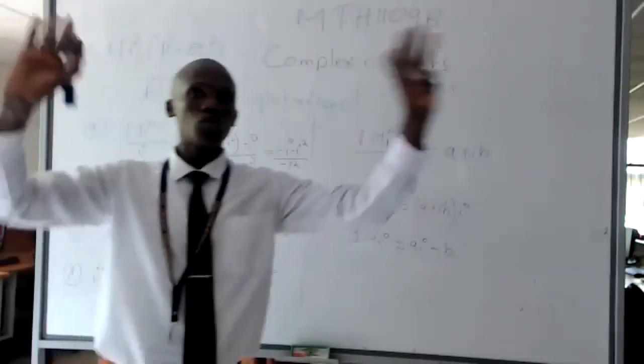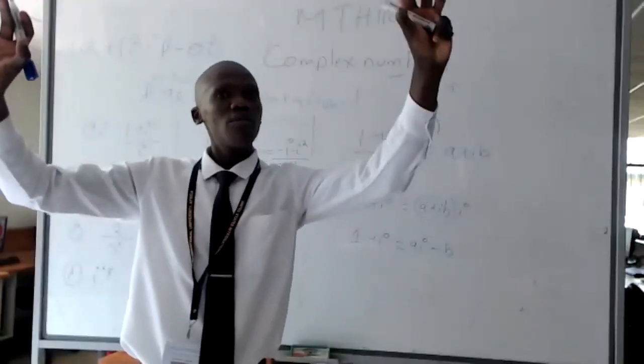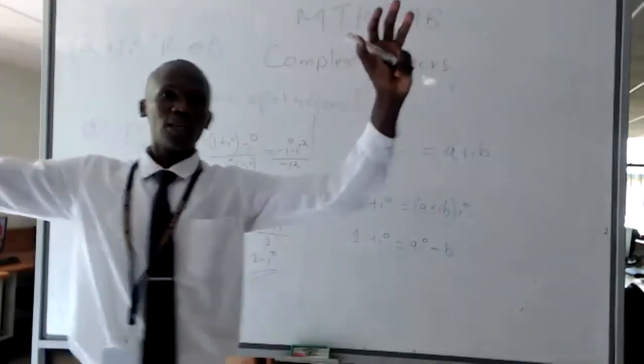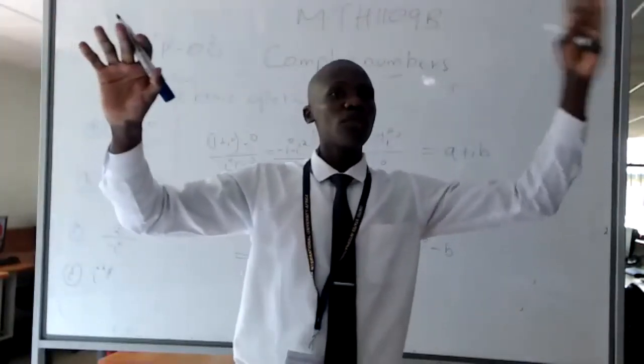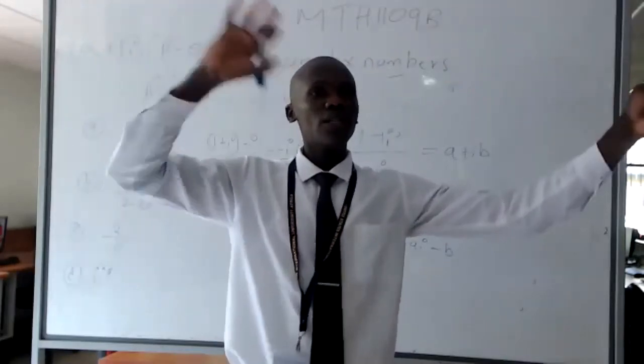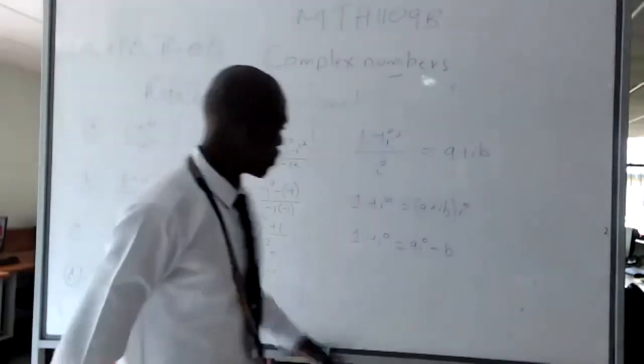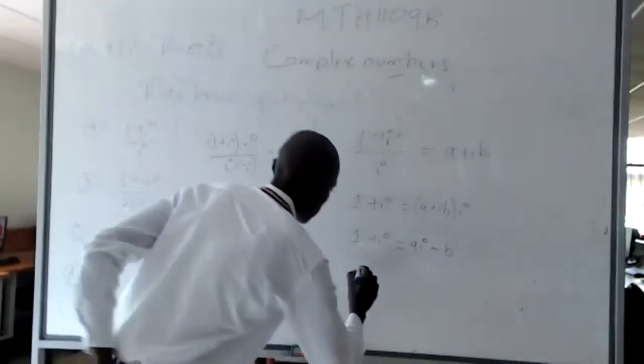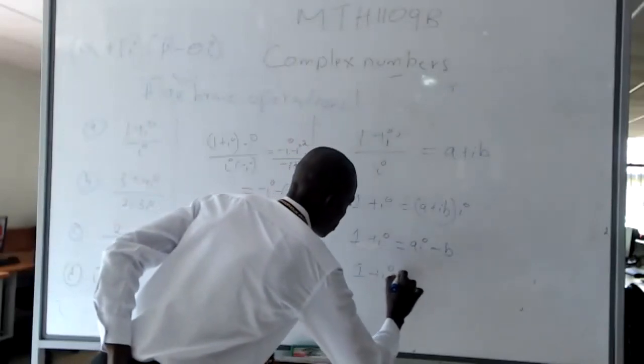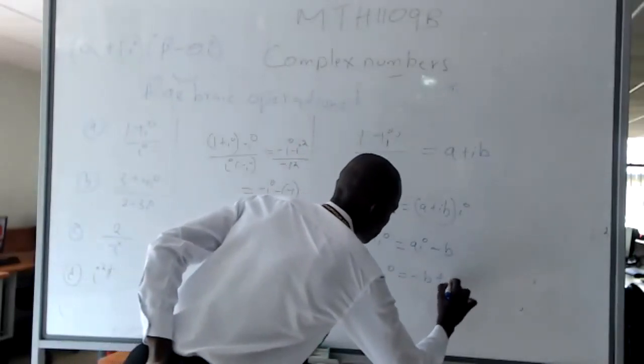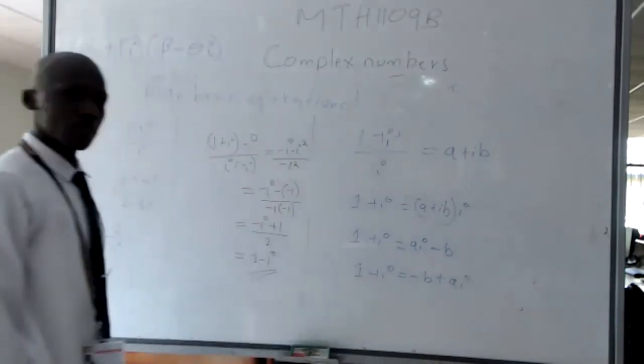If I give you a plus ib and c plus id, these two numbers will be the same if a is c and b is d. So in this case, I have 1 plus i is equal to -b plus ai.